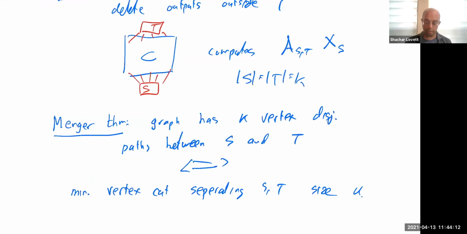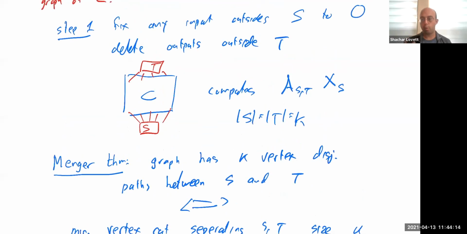So what is a vertex cut? A vertex cut is a subset of nodes that if I remove it from the graph, I kill all the paths between S and T. So for example, I can remove S. This is K nodes, right? Or I can remove T. That's another K nodes.